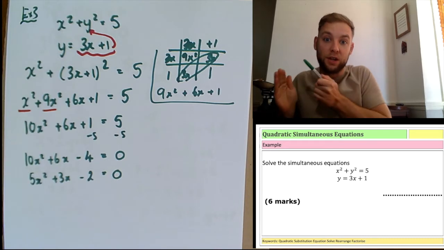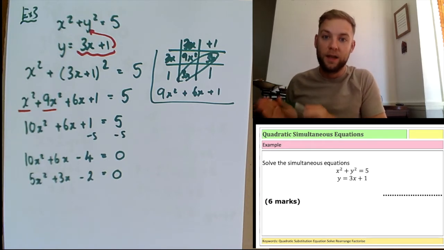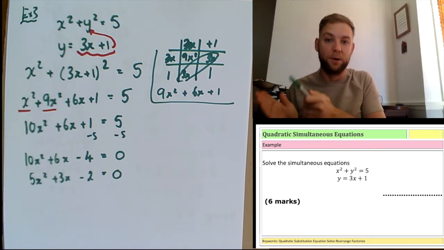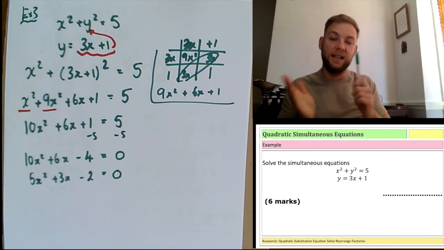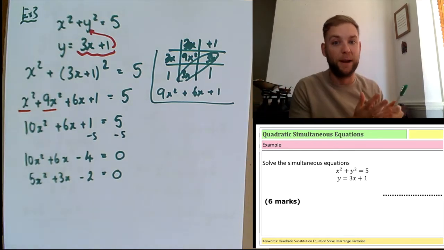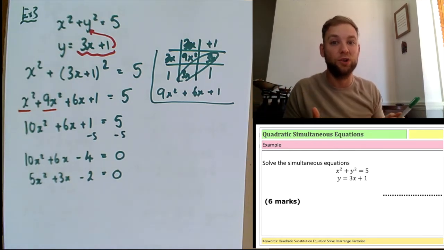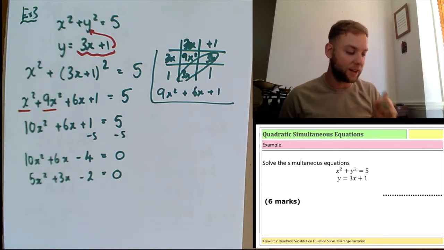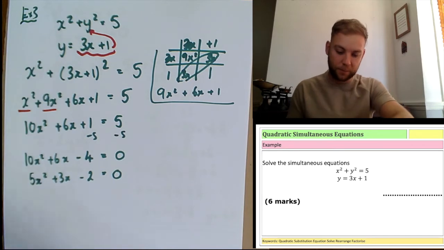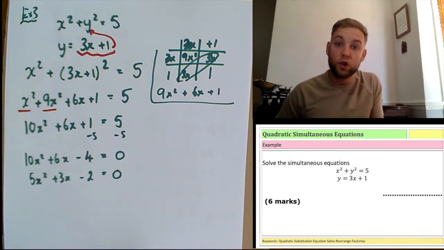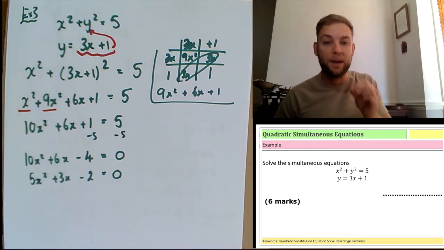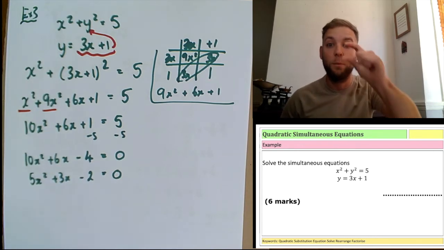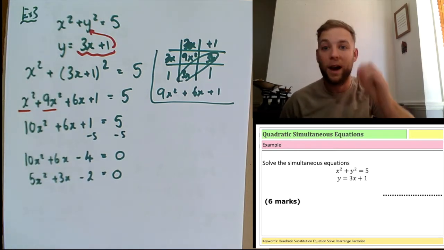If you're doing this on the non-calculator paper, then you're going to be using factorizing. If you're doing this on the calculator paper, the easiest way is to just use the quadratic formula. So get used to that. I'm going to use factorization for this. If you are not sure how to factorize this, it might be worth watching Factorizing with a number in front of the x squared, because this always comes up.